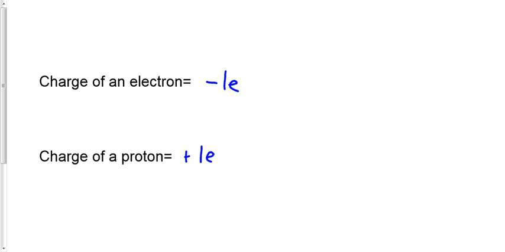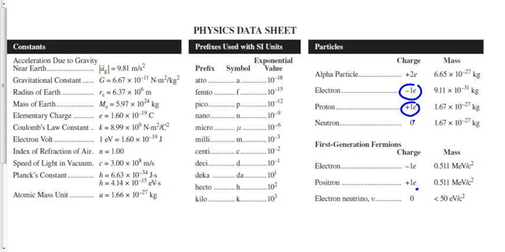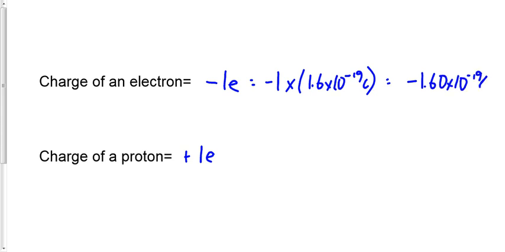Now, how do you know what the smallest possible charge you can have is? Well, luckily it also says that on your data sheet. If you look over here on the left-hand side of your data sheet, you can see that an elementary charge is 1.60 times 10 to the minus 19 coulombs. So we're going to say that an electron is negative 1 times 1.6 times 10 to the minus 19 coulombs, which gives me an overall charge of an electron of negative 1.6 times 10 to the minus 19 coulombs.